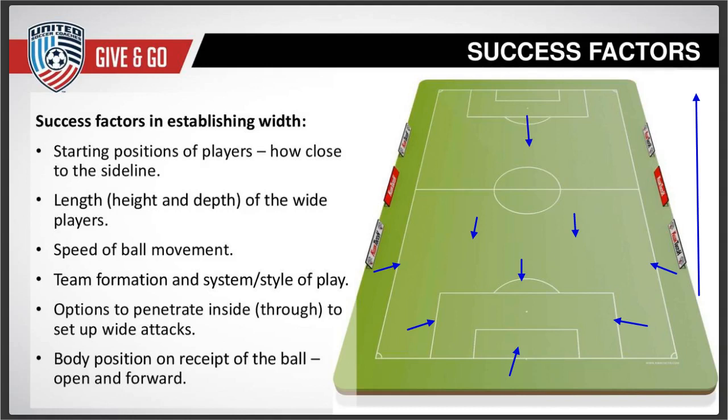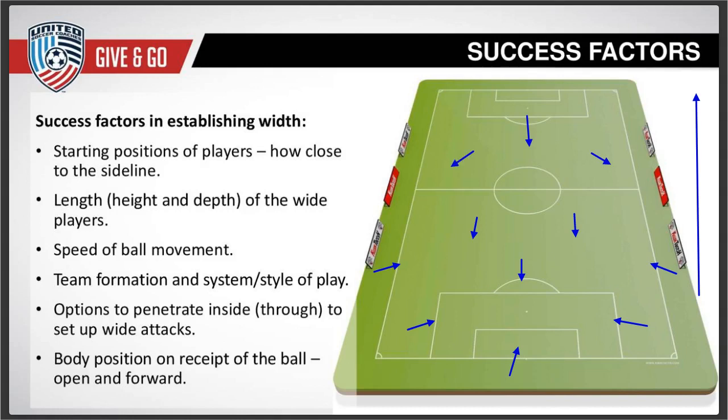And then the key to this would be the displacement or the positioning of my two wide forwards. If my fullbacks are very wide, I like my forwards to be wide, but slightly inside the field to create some different passing angles.